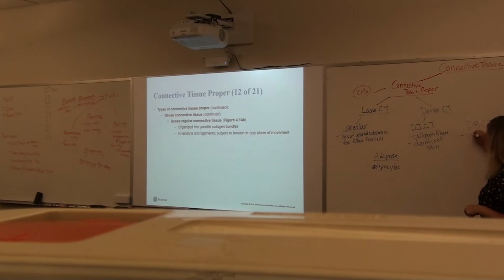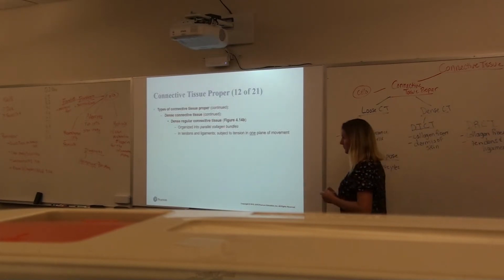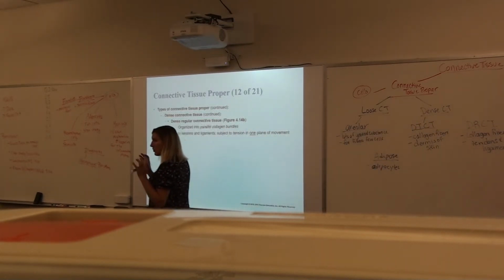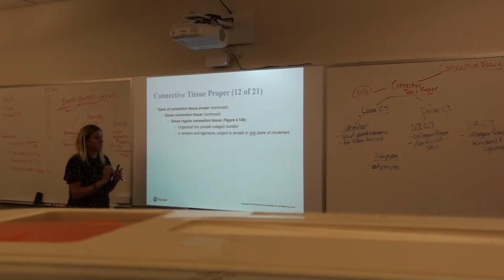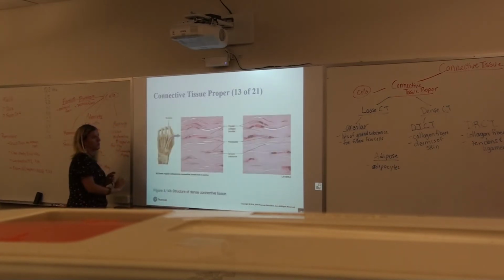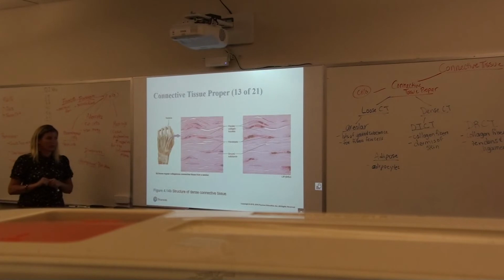So again, it's collagen fibers that dominate it. And dense regular connective tissue, this is our tendons and ligaments. This is connecting bone to bone and muscle to bone. So this is a more organized, parallel fashion to organize the collagen as opposed to very irregular and sporadic.